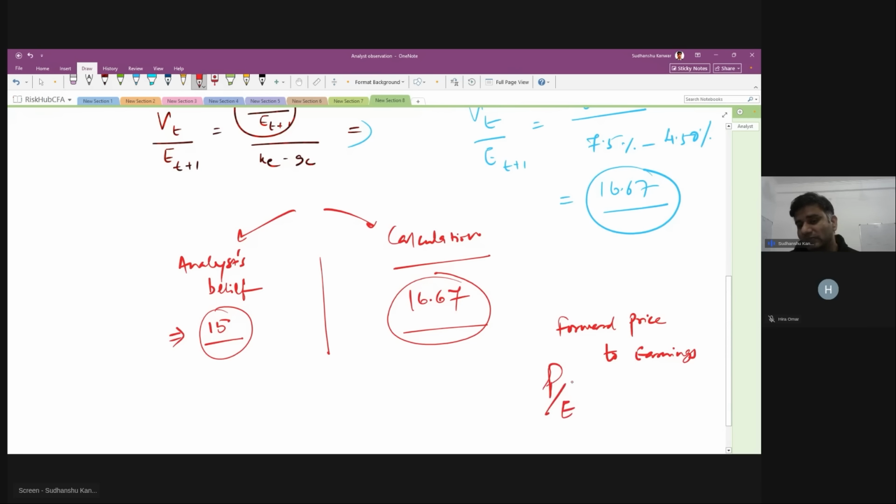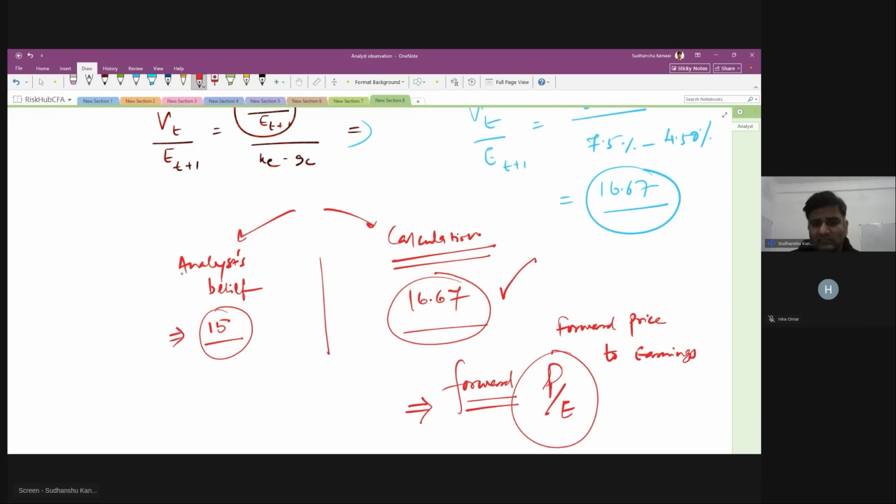It is similar to your forward P/E. The analyst might have calculated by his own ways. Maybe he has used some other ways, he might have seen some charts, he might have used some other data. I have no clue.